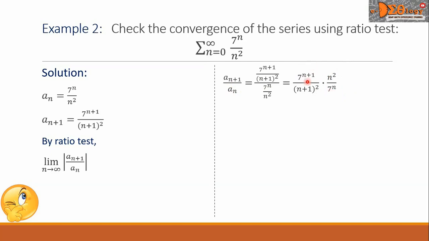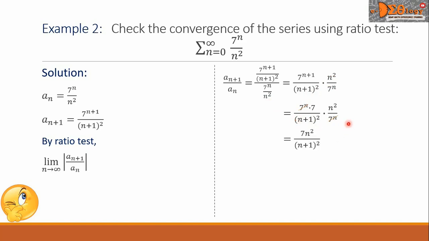Simplifying our first fraction, the 7 raised to n plus 1 can be written as 7 raised to n times 7. Then we will just copy the rest of the terms. From here, we can see that we can cancel the 7 raised to n.